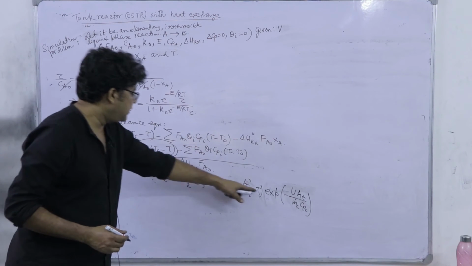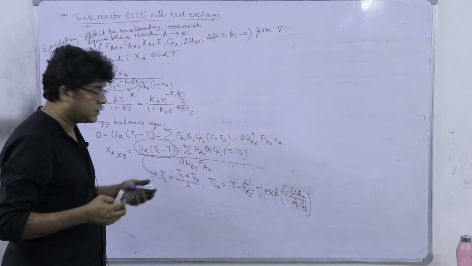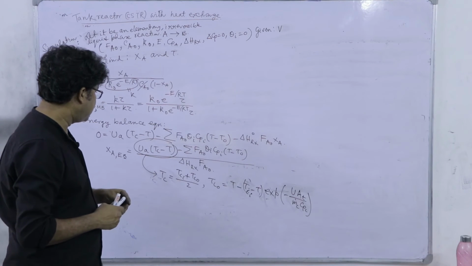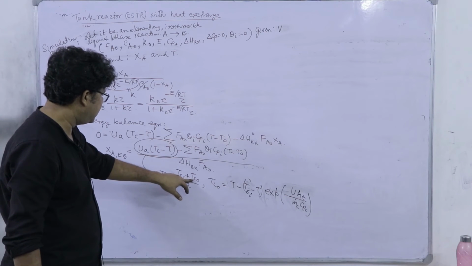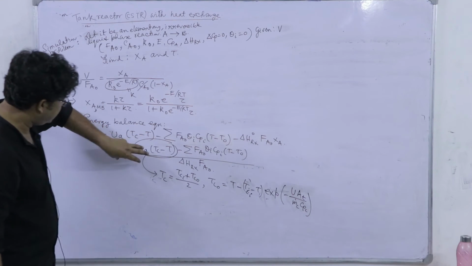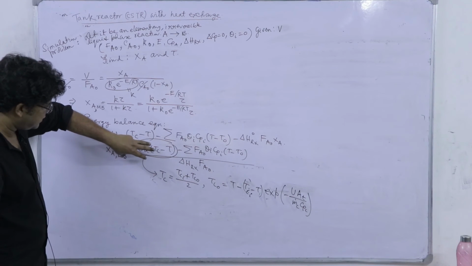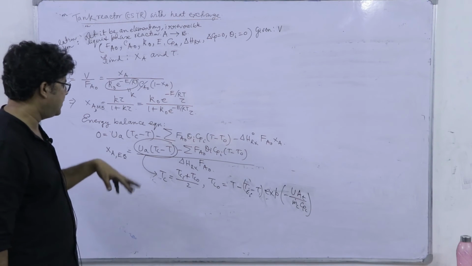So Tco is a linear function of T itself, right? But we don't know T. Now if I couple this Tco here, so still it will be a linear function, I think, of T.